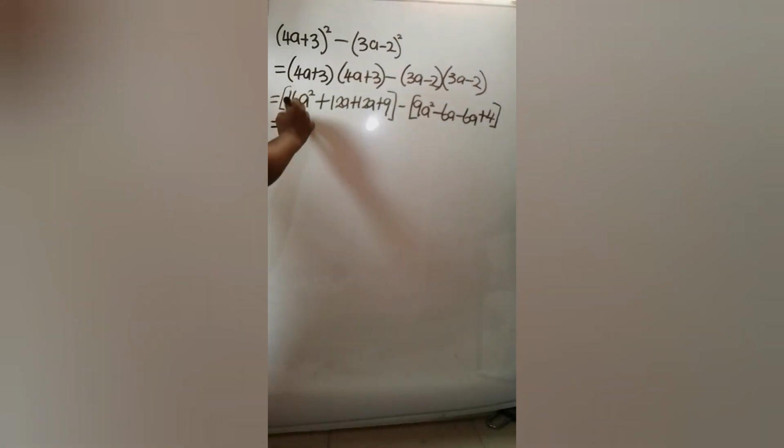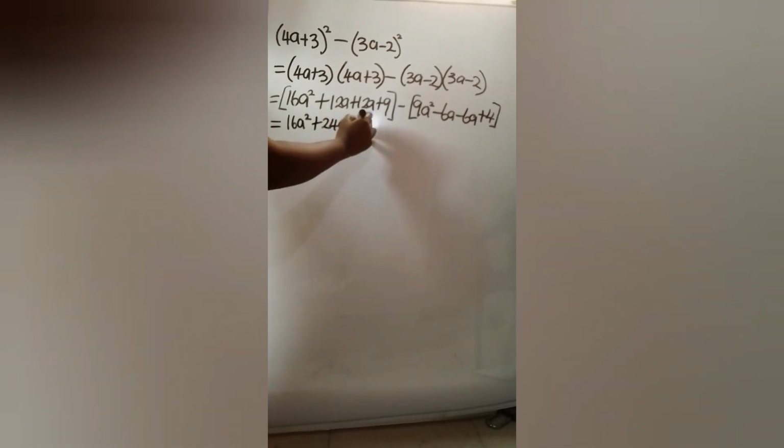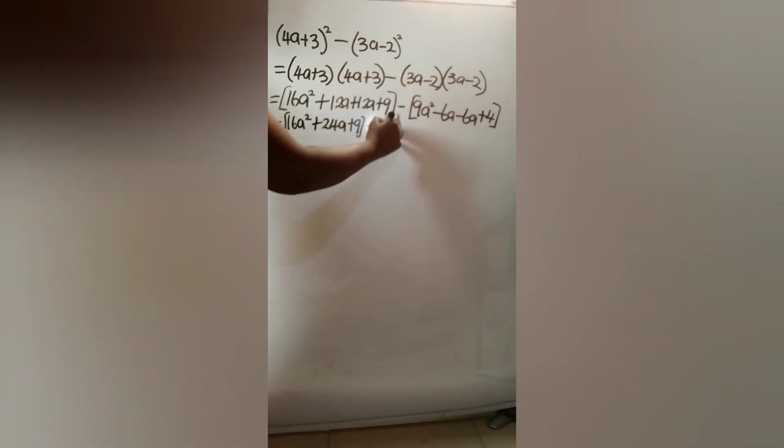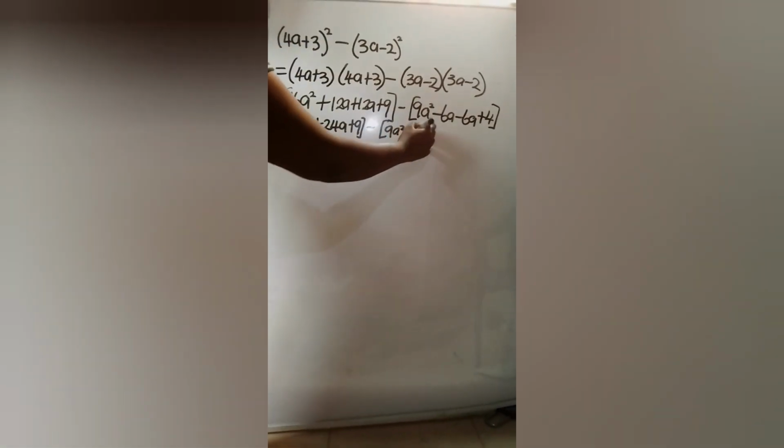You see that? We continue. 16a squared, 12a plus 12a plus 24a plus 9, minus 9a squared minus 6a minus 6a is minus 12a, then plus 4.